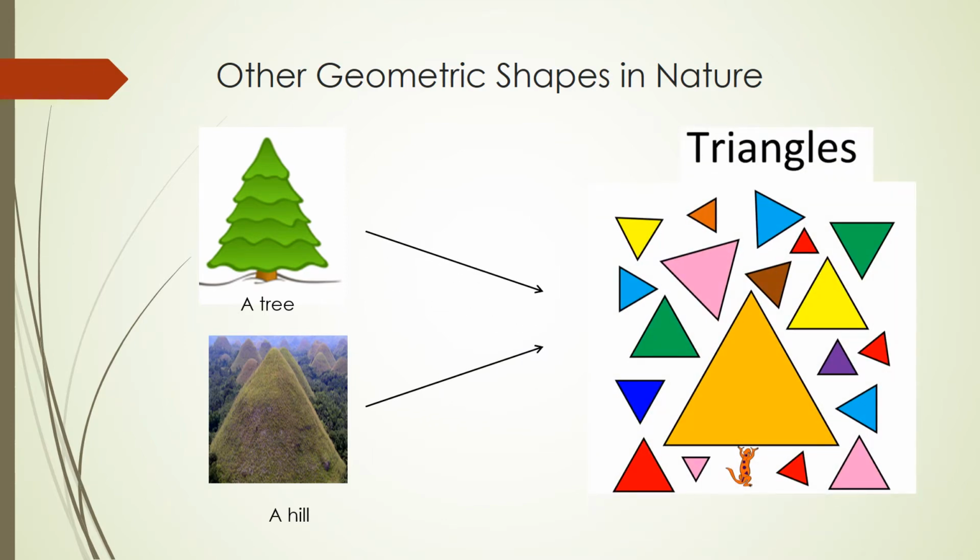If you look closer, you will see that the outline of the Christmas tree or the outline of the top of the hill looks like a triangle. I am sure that you can identify other things in nature that look like a triangle. Can you find something in your home or school that looks like a triangle?